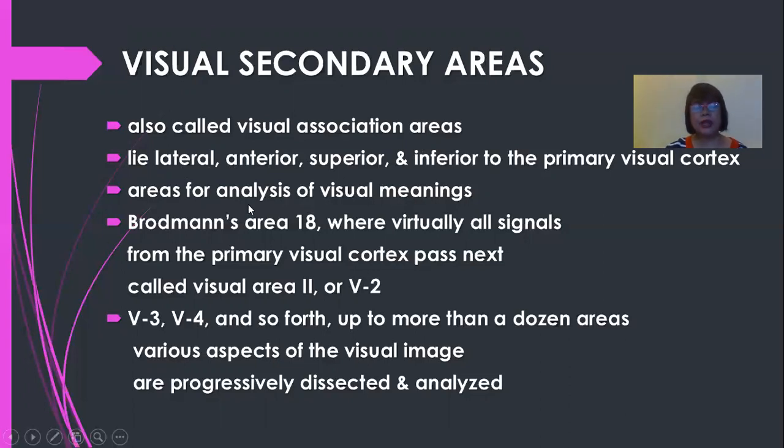These are areas for analysis of visual meanings. Brodmann's area 18 is where virtually all signals from the primary visual cortex pass next. It's also called visual area 2 or V2, V3, V4, and so forth, up to more than a dozen areas where various aspects of the visual image are progressively dissected and analyzed.